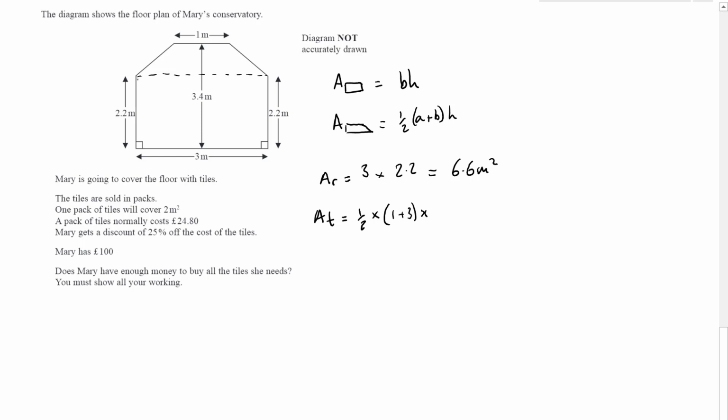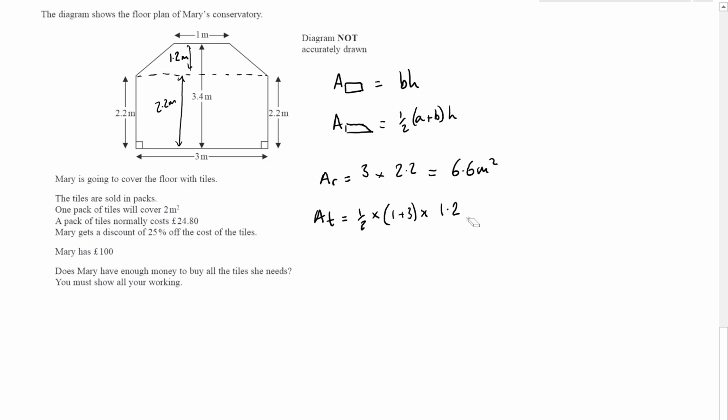Since I know that up to this point is 2.2 meters, and up to this point is 3.4 meters, I have to look at the difference between these, and that's 1.2 meters. So I'm going to multiply that by 1.2 meters.